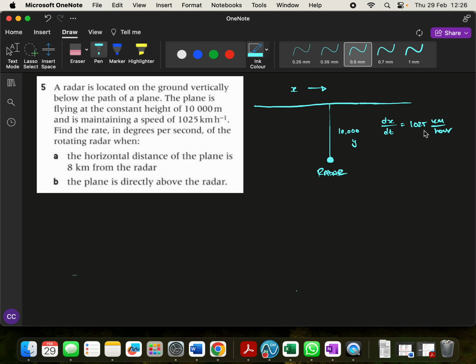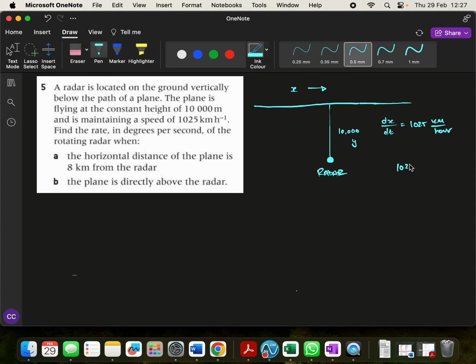Now, we are asked the rate in degrees per second, so we have to turn that to seconds in order to deal with it. I need that in both meters and seconds. Let me get into meters first.